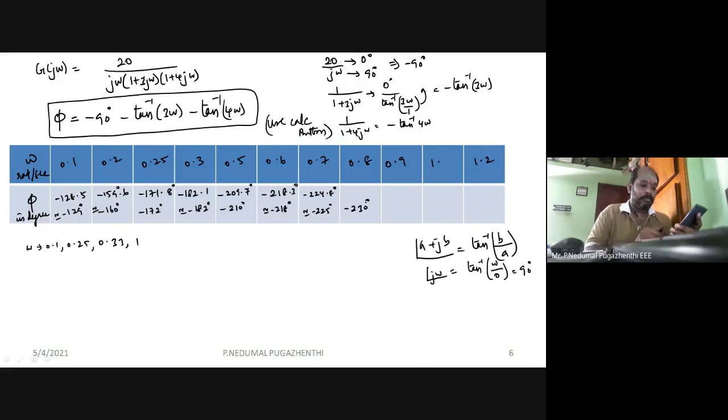Calc 0.9: minus 234.1, so I will write minus 234 degrees. Calc 1: minus 237.5, so minus 238. Calc 1.2: minus 242.7, so 243 degrees.